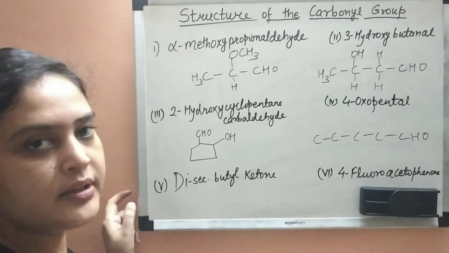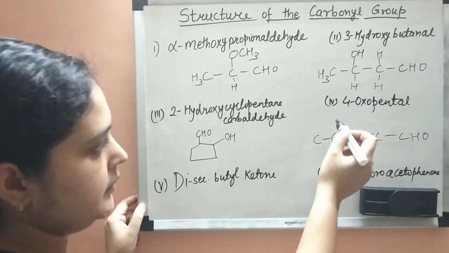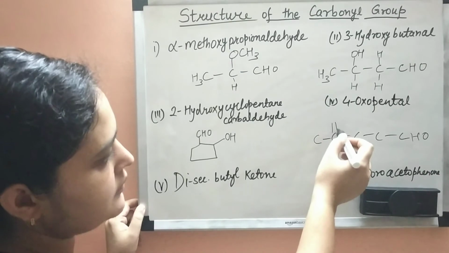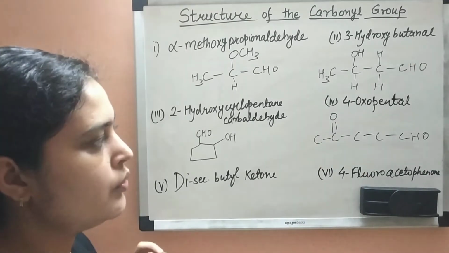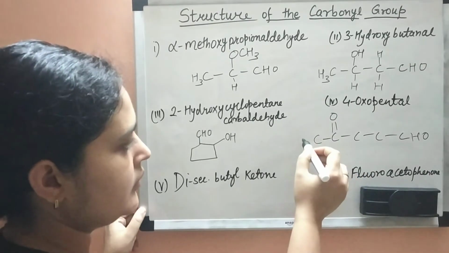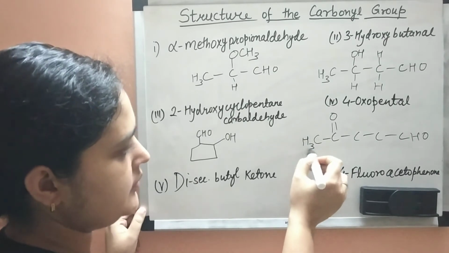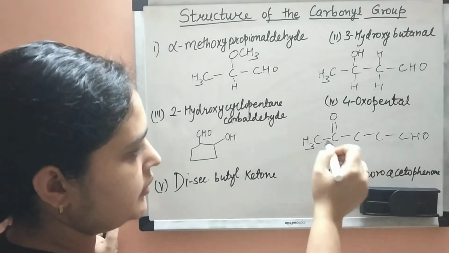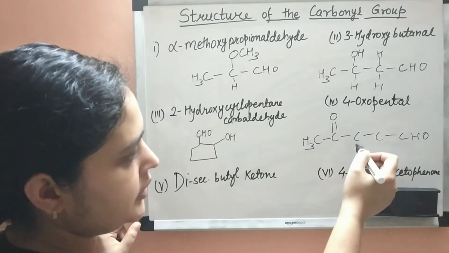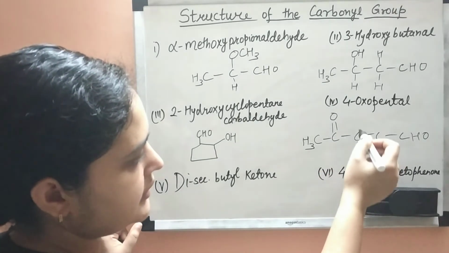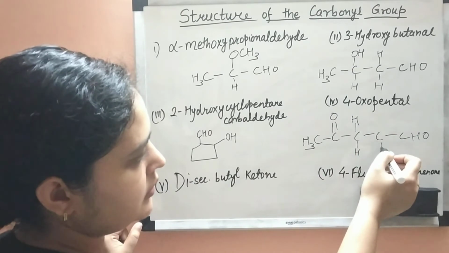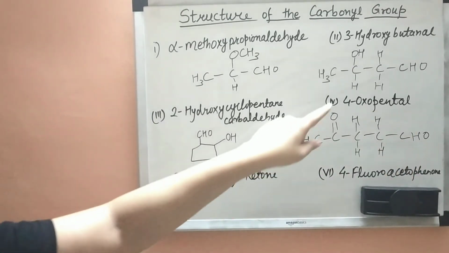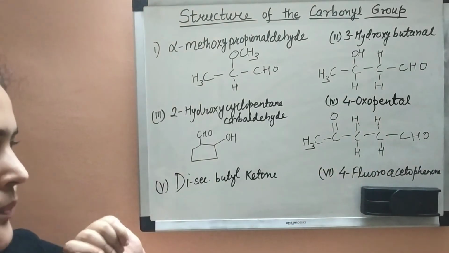At the 4th position there is oxo, that is double bond O. So first, second, third, fourth. 4th position there is oxo group, that is double bond O. Now put the appropriate number of hydrogen atoms. So here CH3, here already valency is filled, here 2 hydrogen atoms will come, here also 2 hydrogen atoms. So this is the 4-oxopentanol structure.